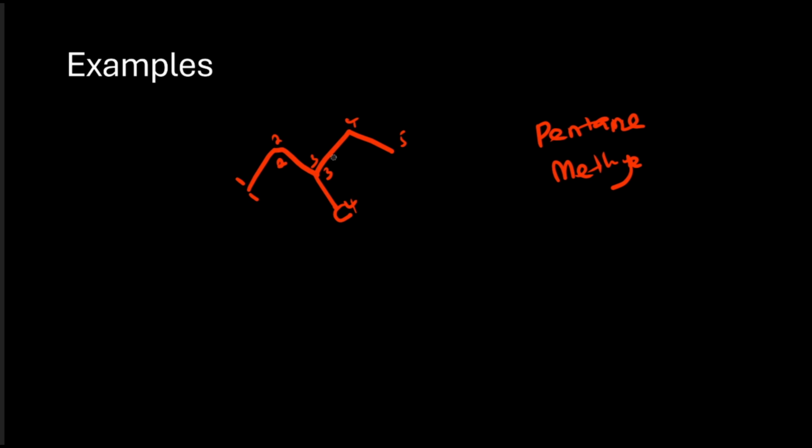And what is the location? The location of this methyl is on the third carbon atom here. So on the third carbon atom, we give its location, and then we assemble the name. So let's try and assemble this name. This will give us 3-methylpentane.